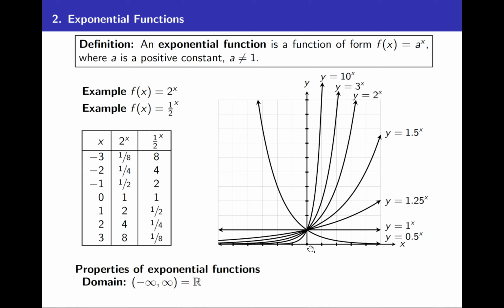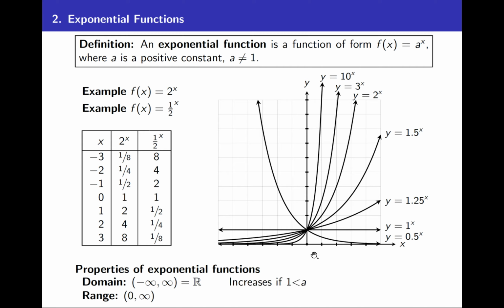However, a to the power of x is always positive, so the output is going to be a positive number. And in fact, you can see from these graphs, looking at 2 to the power of x, you're taking on all positive y values. So the range of an exponential function is the interval from 0 to infinity, all the positive numbers.